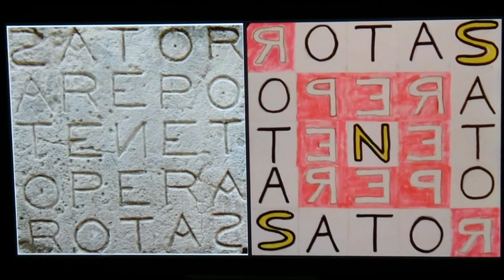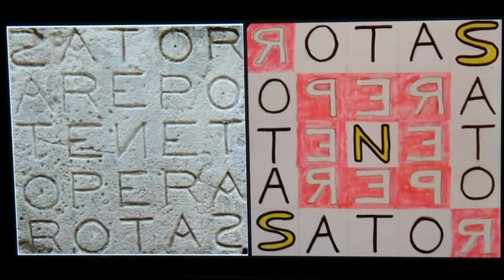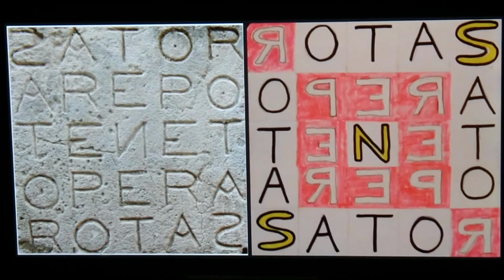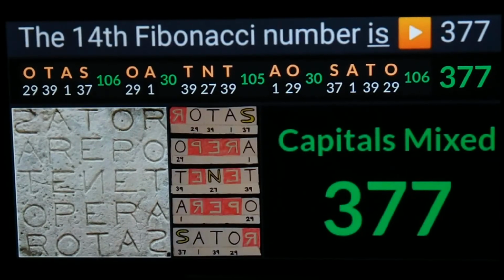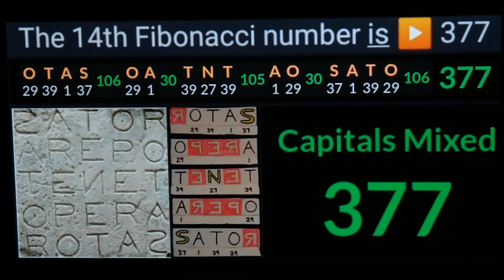Again, we're dealing with that reflected square where many of the letters are facing backwards and do not yield a gematria value. Using all capital letters, we used to call it the Frank Bacon cipher. Derek changed the name to, I guess, mixed capitals, or capitals mixed, sorry. Either way, using the capitals mixed cipher, that reflected square gets us a value of 377, which is the 14th Fibonacci number.